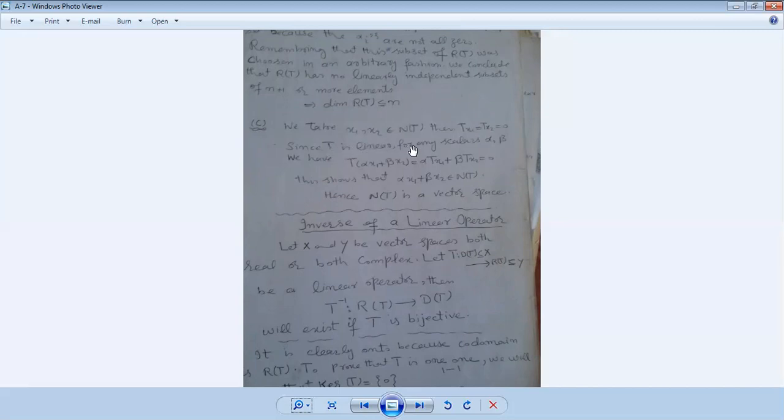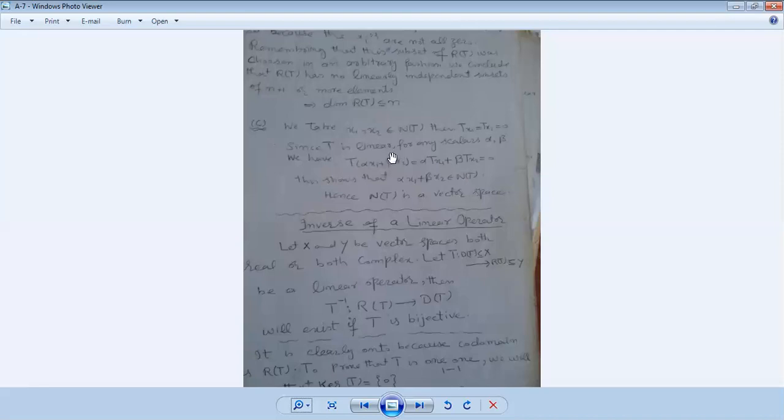Since T is linear, for any scalars alpha, beta, we have T of alpha x1 plus beta x2, and applying the linearity of T, this is equal to alpha T x1 plus beta T x2. Because T x1 and T x2 are equal to 0, this term is 0, 0 multiplied by alpha is 0, this term is 0, 0 multiplied by beta is 0. So in totality, T of alpha x1 plus beta x2 is 0.